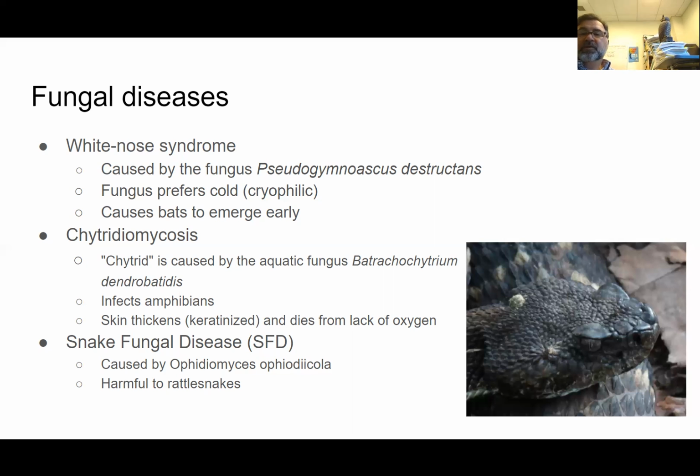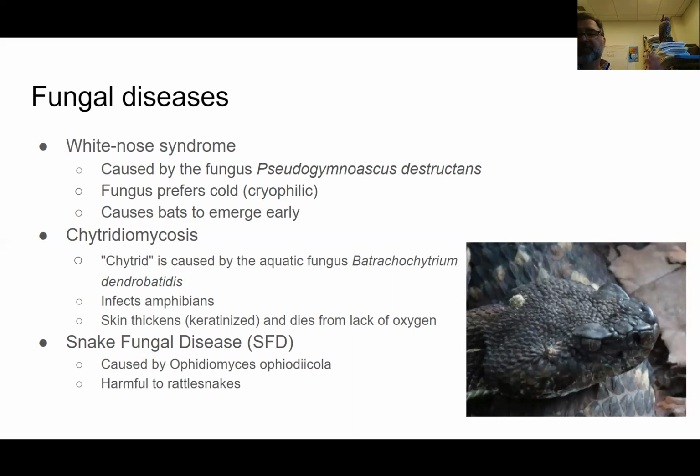And it gets around from pond to pond. A lot of it's probably humans on their waders and their boots and in their equipment that they use to go fishing, or maybe even herpetologists may have helped with the initial spread of it.